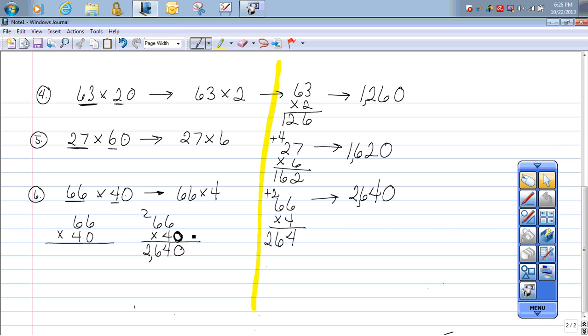One thing that I do want to show you, just in case you ever see it on a test, if you have a number that's a 2-digit times a 2-digit number, let's take this one for example. Because we know partial products, we know this is 0 times 6, and this is 0 times 60. And this is 40 times 6, and this is 40 times 60.